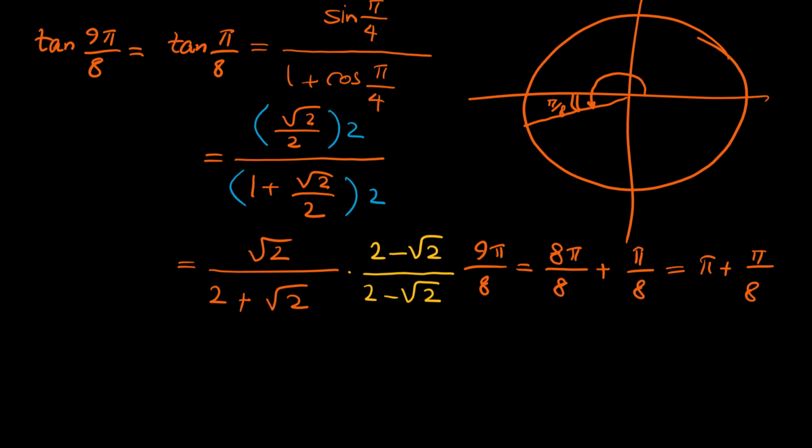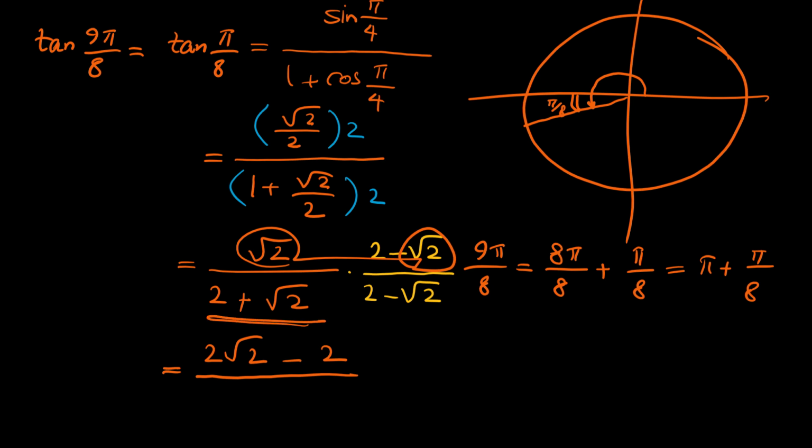So we have in numerator 2 times radical 2 minus radical 2 times radical 2 is 2, all over, if we multiply this by this, 2 plus radical 2 times 2 minus radical 2 would be 2 to the 2 minus radical 2 to the 2.